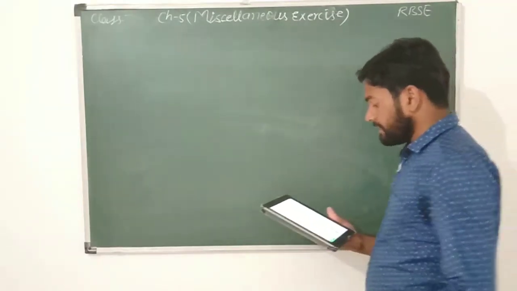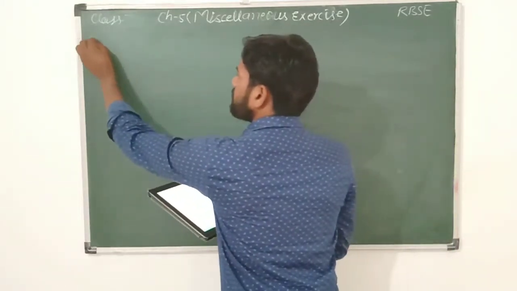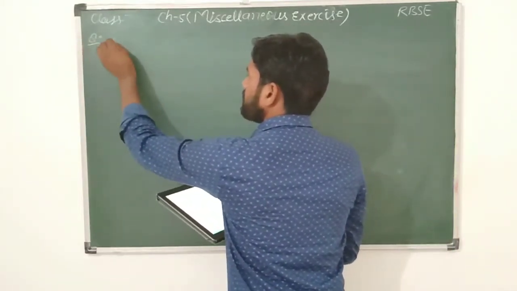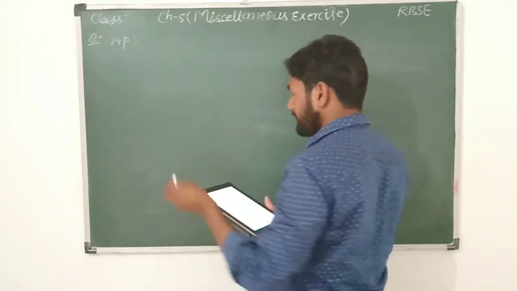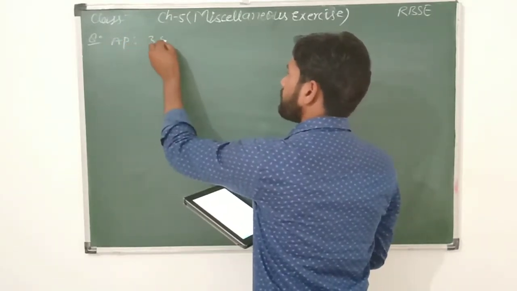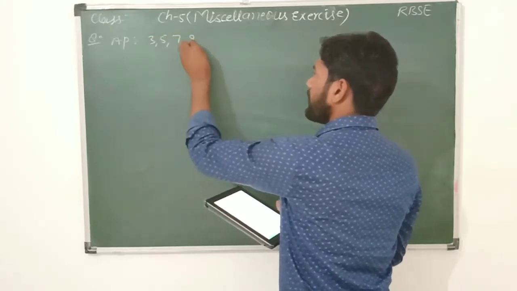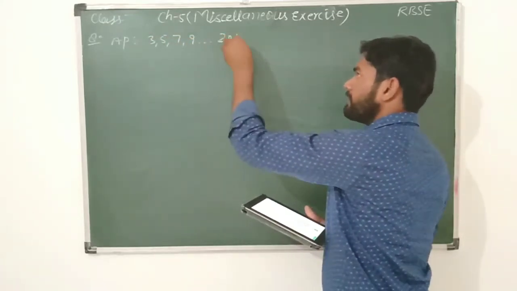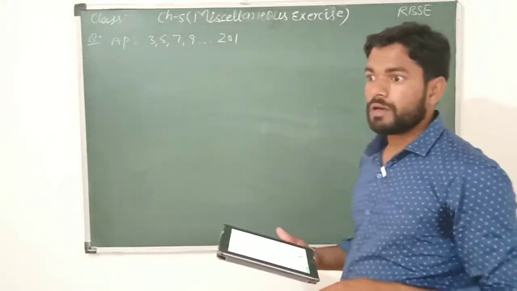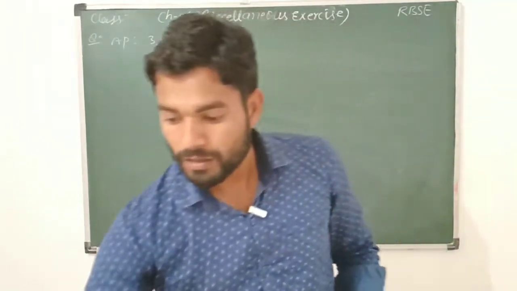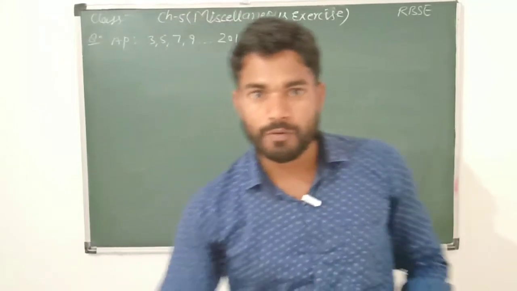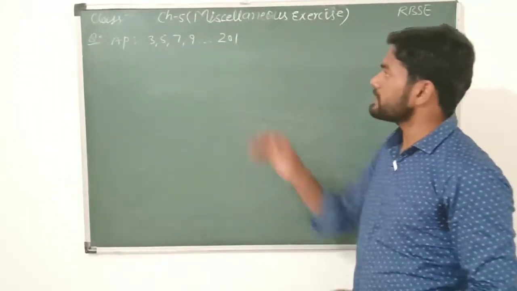An AP is given which is 3, 5, 7, 9 and 201. We have to calculate the fifth term of this AP from the last.